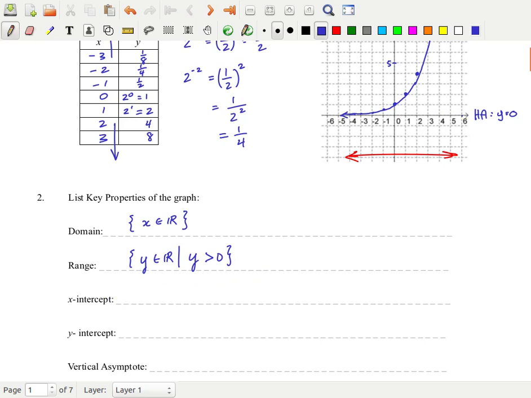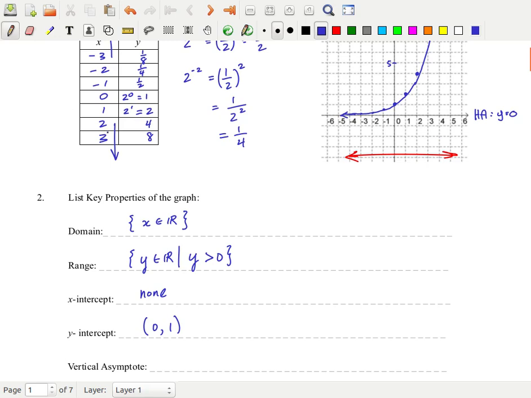The x-intercept would be where it crosses the x-axis, but in this case it does not cross the x-axis, so I'm going to say none. It has no x-intercept. The y-intercept is where it crosses the y-axis, which is at the point (0, 1). Vertical asymptote, well, there is no vertical asymptote.